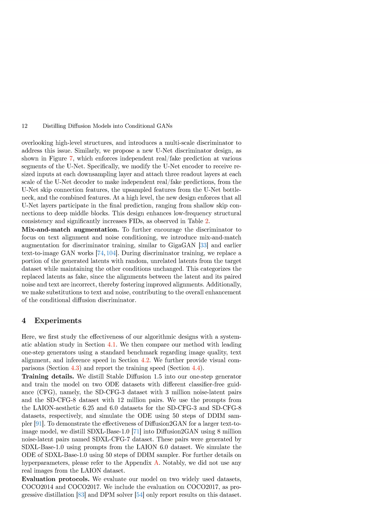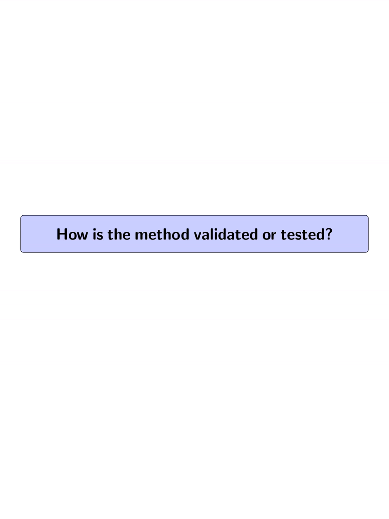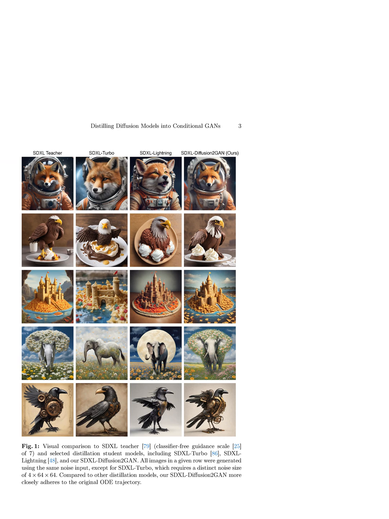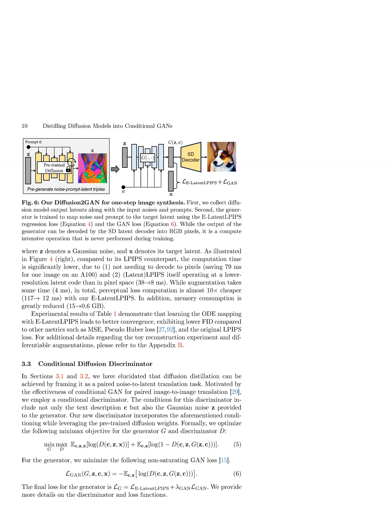How is the method validated or tested? The method is validated or tested through a systematic ablation study to evaluate the effectiveness of each component of the Diffusion2GAN framework. This study includes comparing different distance metrics for ODE distillation training, such as L1, pseudo-Huber, LPIPS, latent LPIPS, and E-latent LPIPS, to determine their impact on image quality.